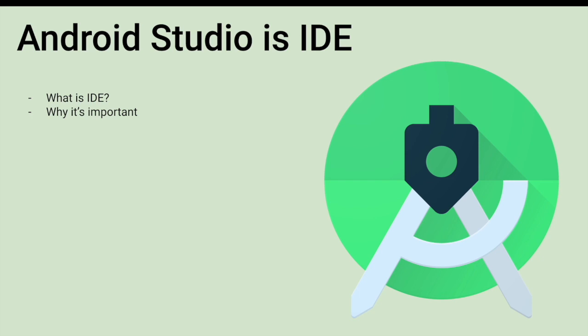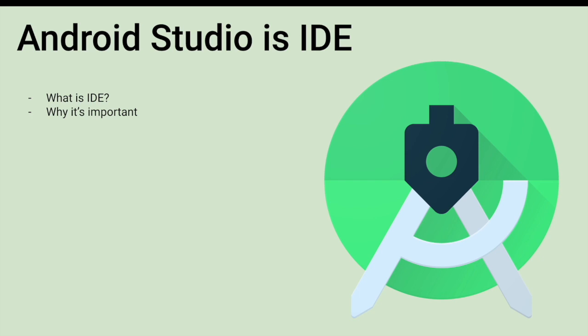So you can imagine, some musicians use music instruments, or writers use notebooks. Software developers use IDEs to make development faster. So this is the main tool for every software developer. So why is it important?